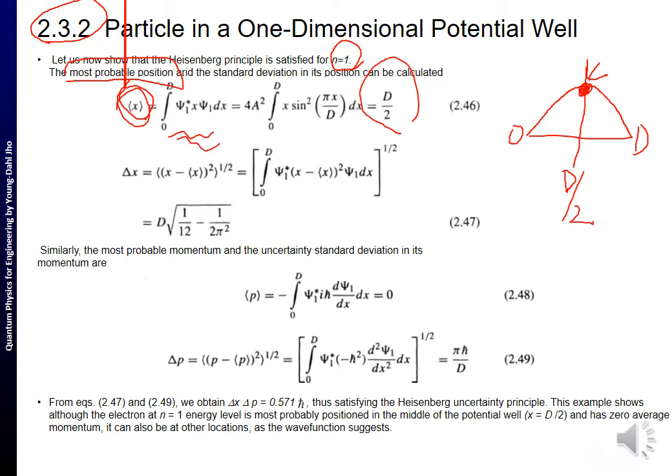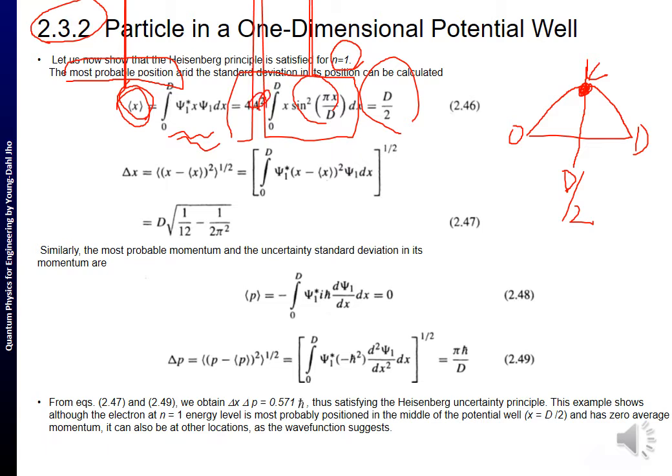Okay, psi 1 star x psi 1, then we calculate this. So we put in those wave function shapes, then we can get, let's say, 2 over d integral from 0 to d of x sine square, and then we integrate this one.